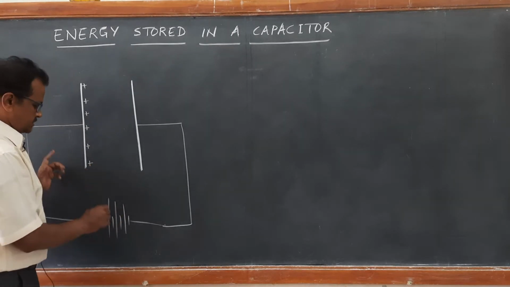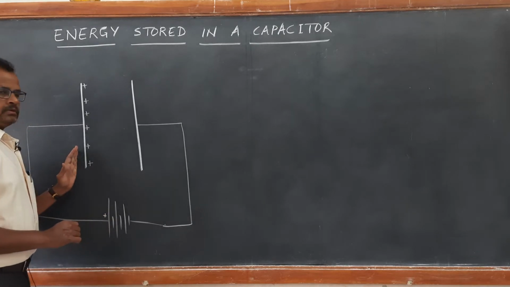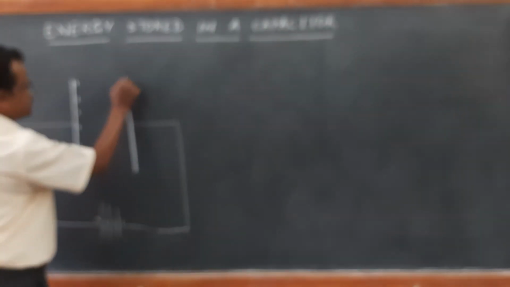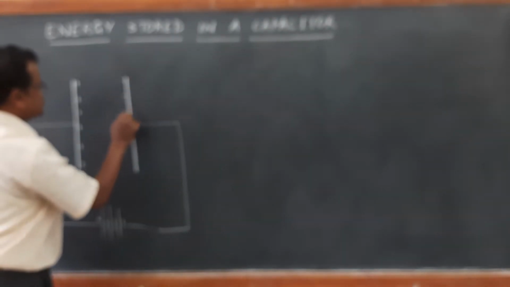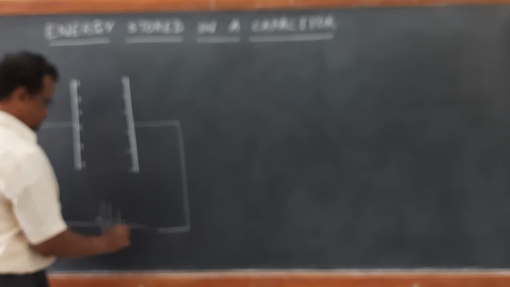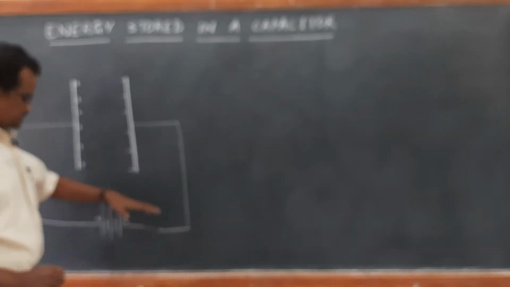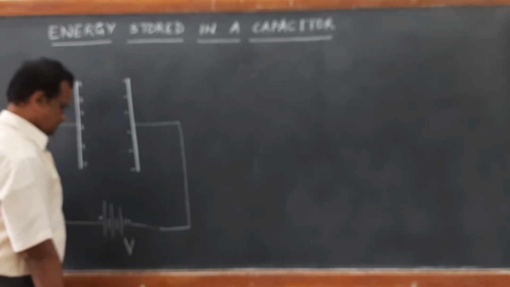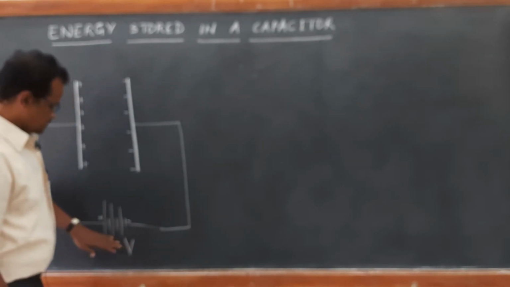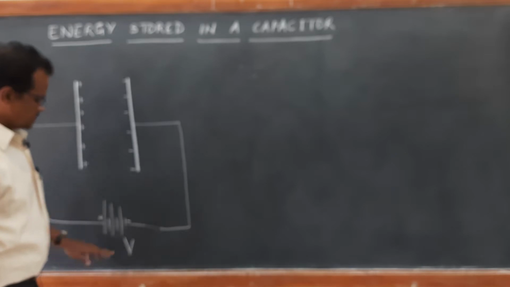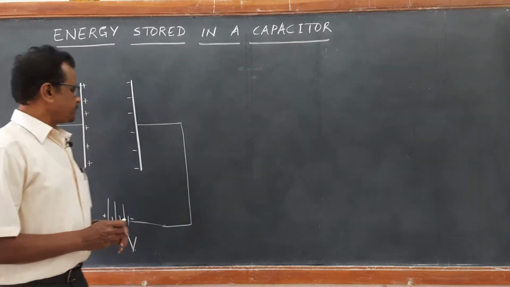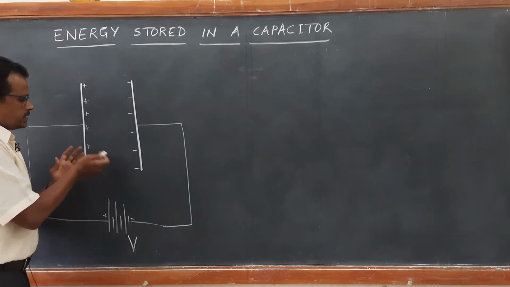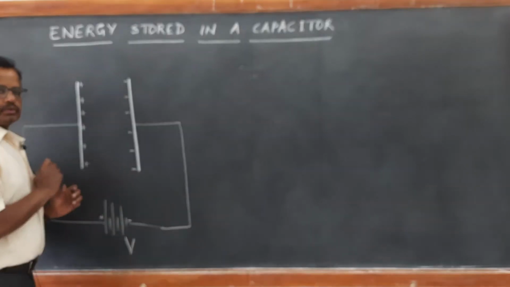So, positive charge is stored on the plate connected to the positive terminal of the battery, and the same amount of negative charge is stored on the plate connected to the negative terminal of the battery. This is a voltage source of voltage, let us say V. Now I am discussing what happens while the charge is getting stored.